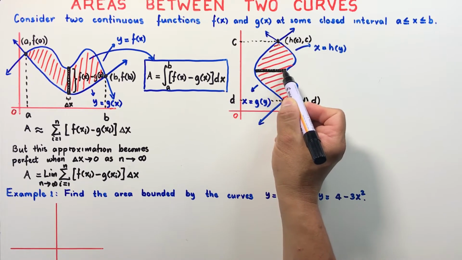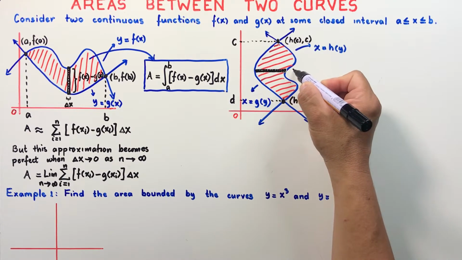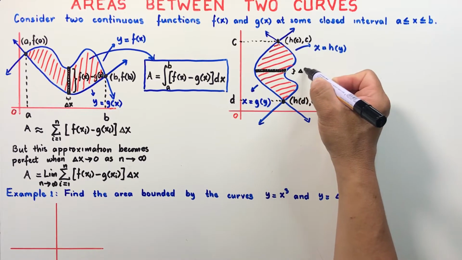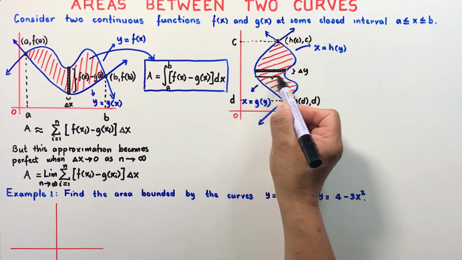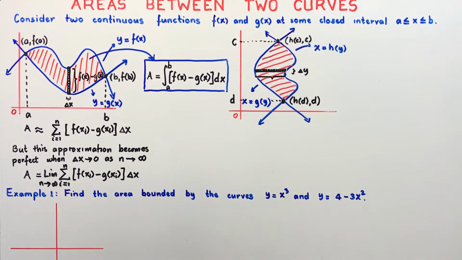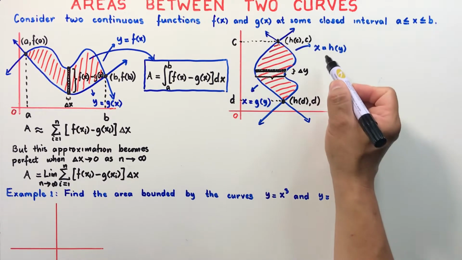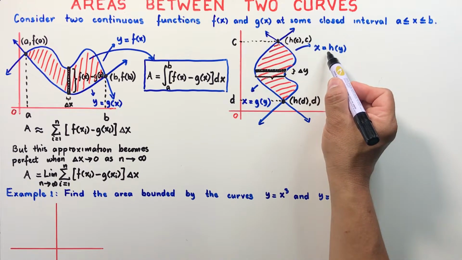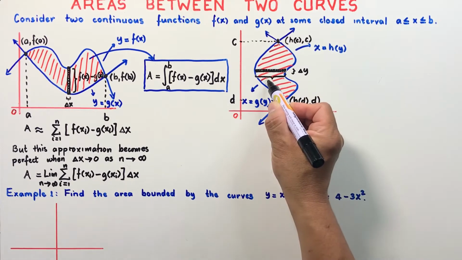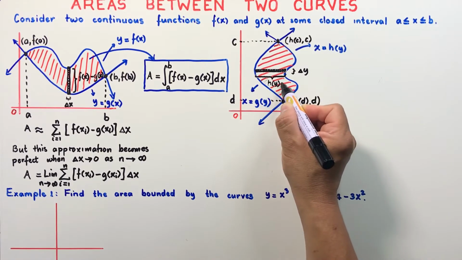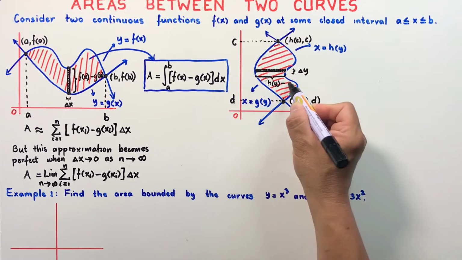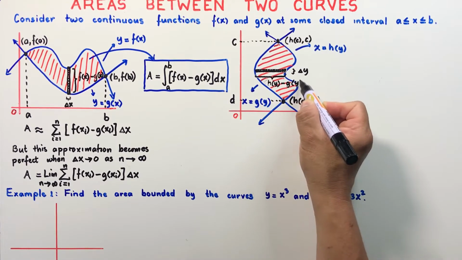Now this arbitrary slice has a thickness of delta y, but the length of this arbitrary slice is obtained by subtracting this x function, which is h of y, minus the g function, g of y here.